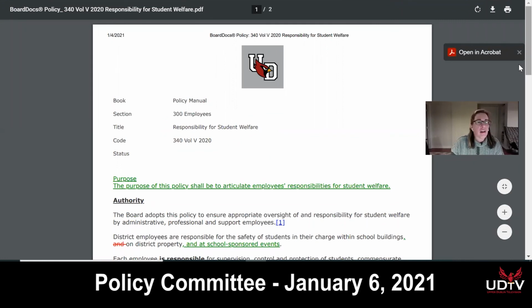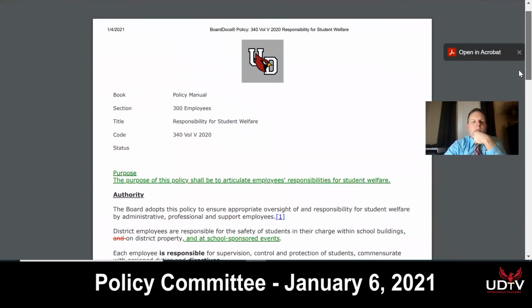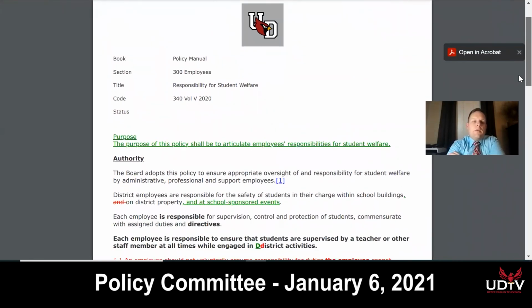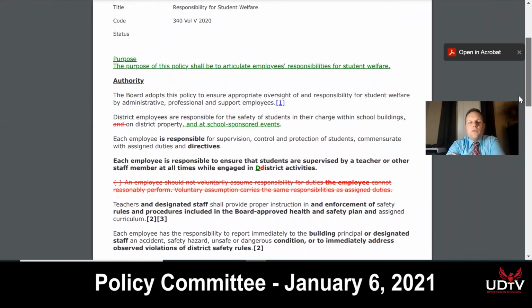And for our last first reading this evening, 340, responsibility for student welfare. So again, the purpose statement, but if you look, this policy, when we talk about student welfare, we added language about school-sponsored events. I looked at some of our peer districts.